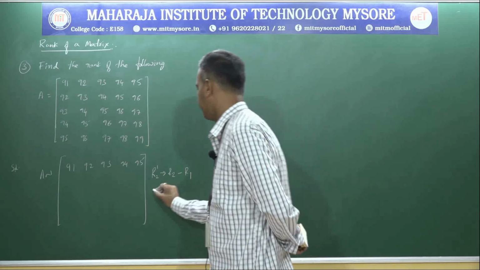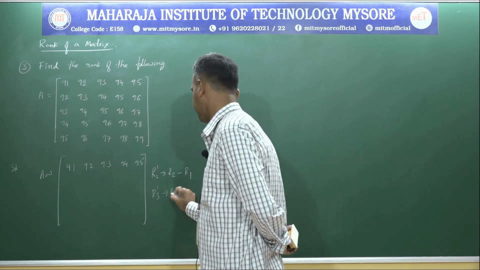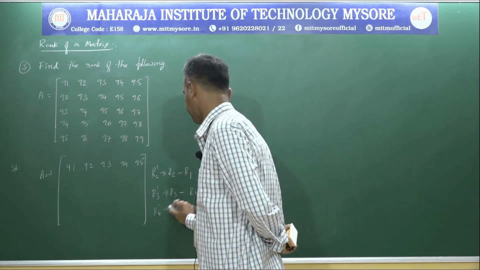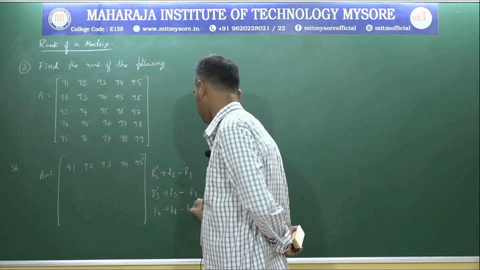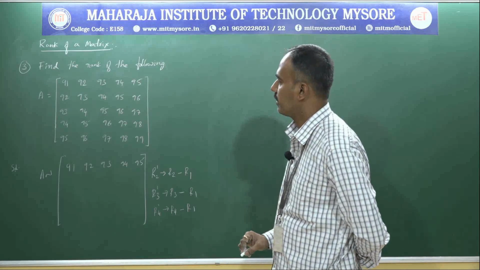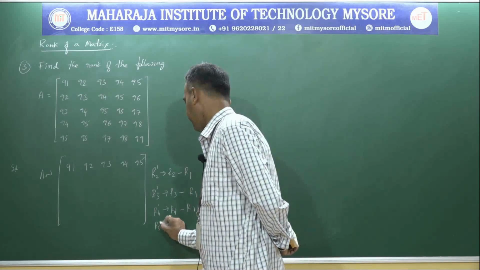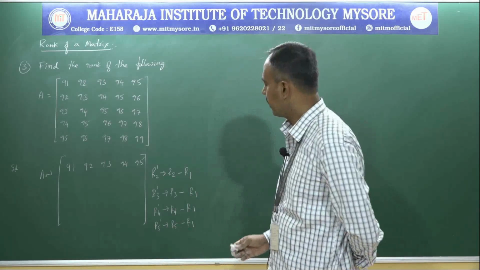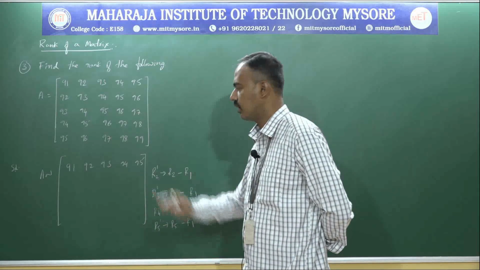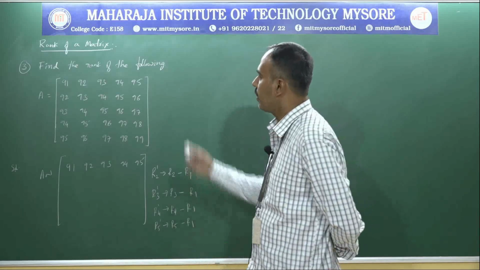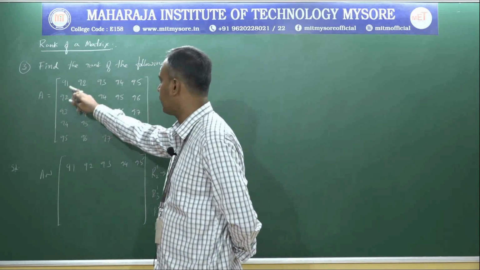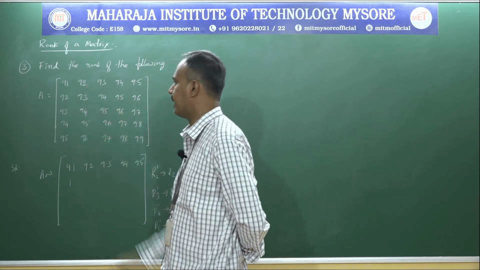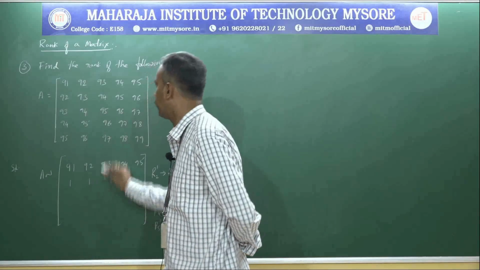Now R3 dash, R3 minus R1. Now R4 dash, R4 minus R1. Now the next one, R5 dash, R5 minus R1. Apply the four row transformations. Now we can write down the elements. The second row here is a2 minus a1, 1. Now the next one, a3 minus a2 here, likewise 1.